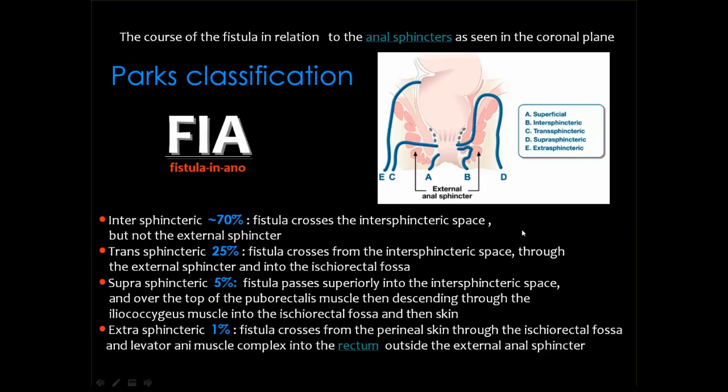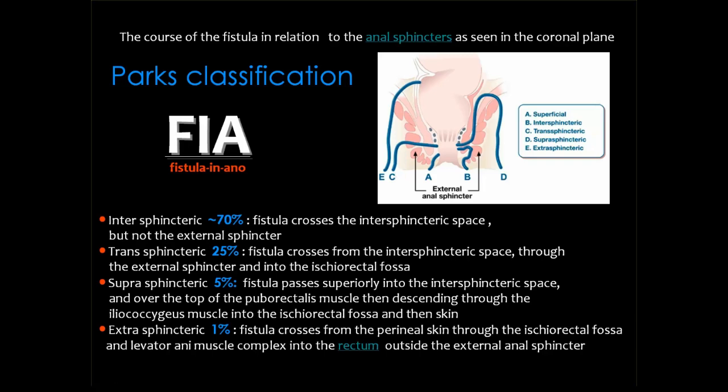to the ischiorectal fossa. This fistula goes across the internal sphincter and the external sphincter to the adjacent ischiorectal or ischioanal fossa.